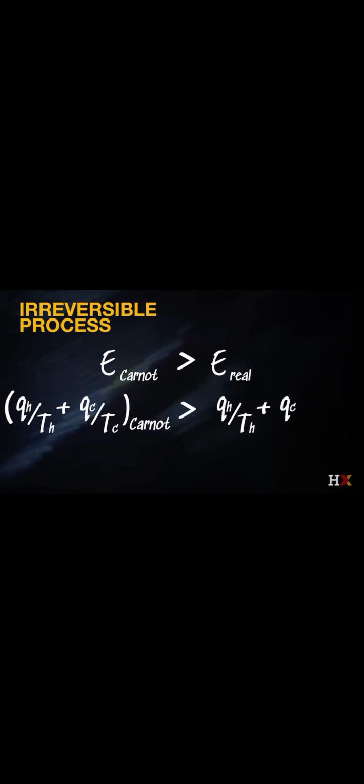Namely, for the Carnot cycle, we have q sub h over T sub h plus q sub c over T sub c. And we know that that quantity has to be greater than q sub h over T sub h plus q sub c over T sub c for a real engine in comparison to the Carnot cycle.